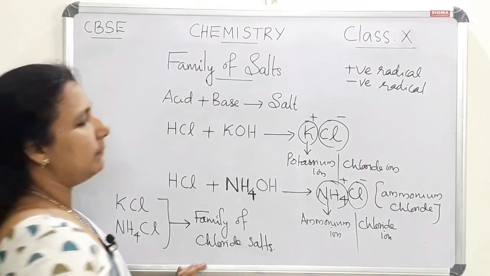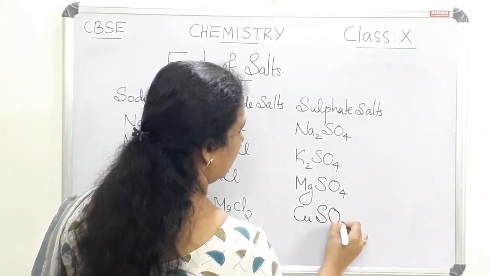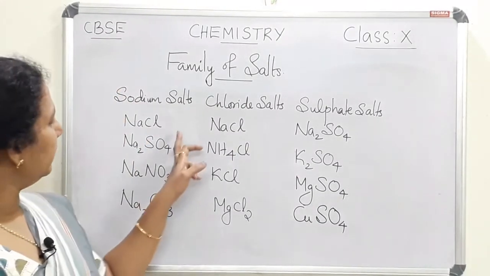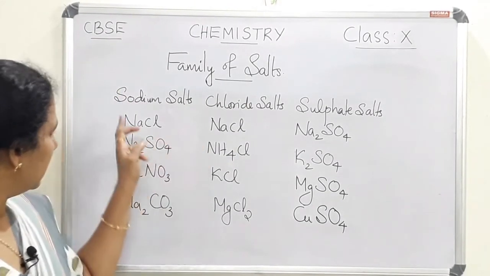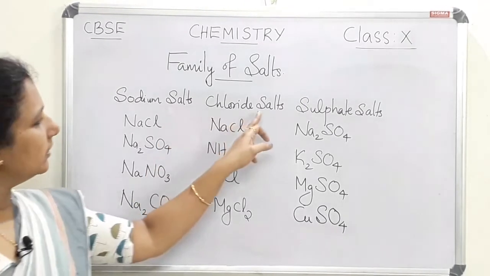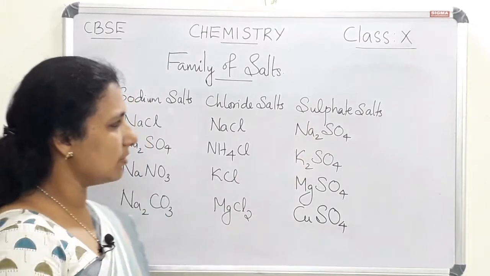Let us see some more examples. Here I have written different families of salts. The first family is sodium salts, then chloride salts, then sulfate salts.